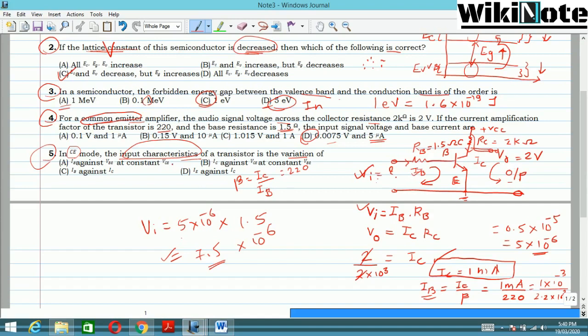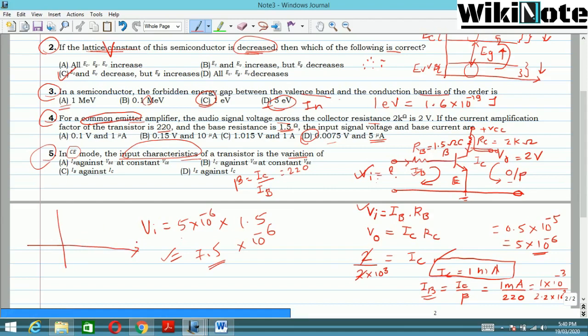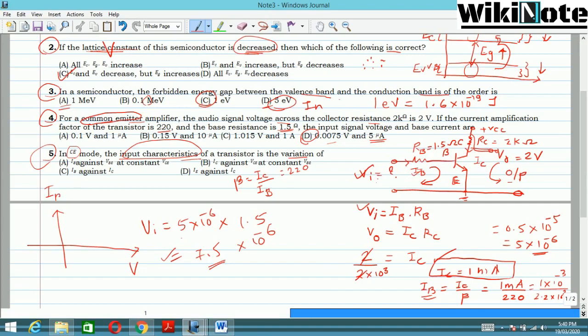So we are interested in the input characteristics. Input characteristics will always be the graph of current versus voltage, like a diode. In this common emitter configuration, the input side has a base current IB, and the input voltage is applied across the terminals base and emitter.